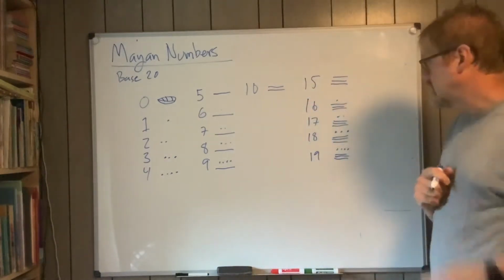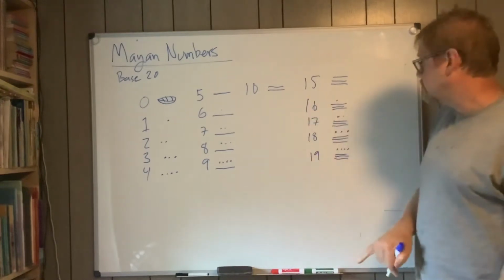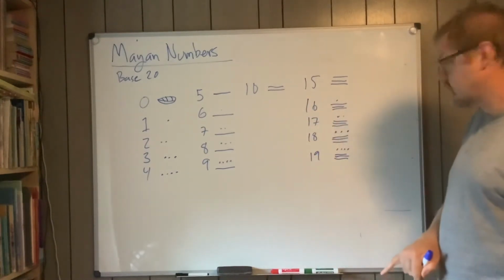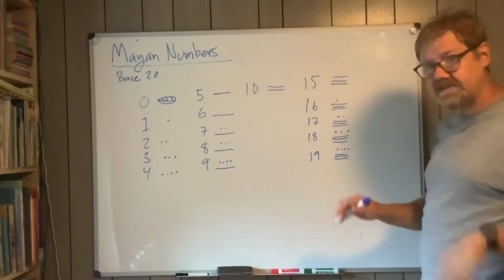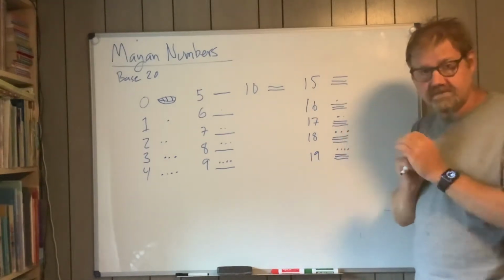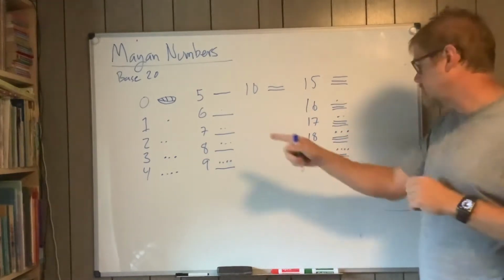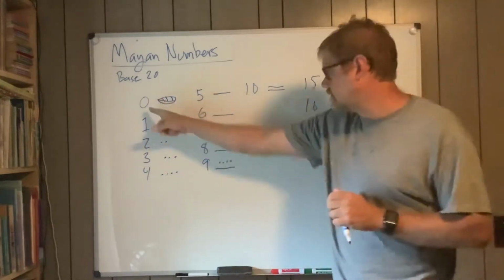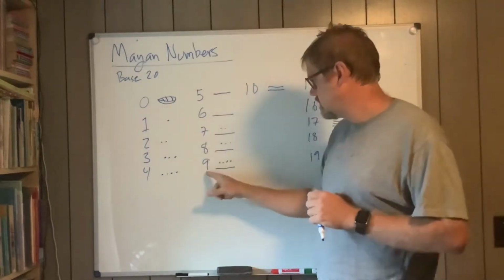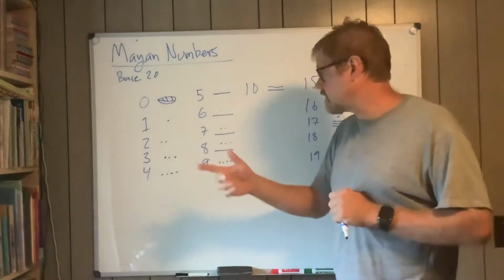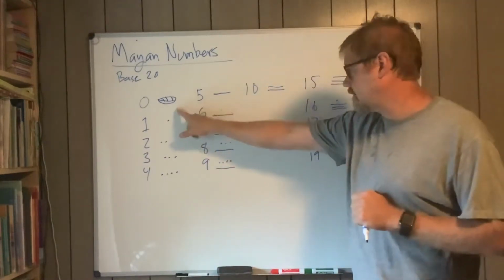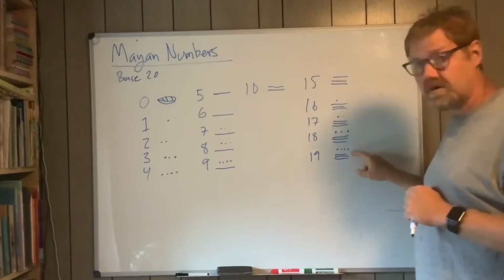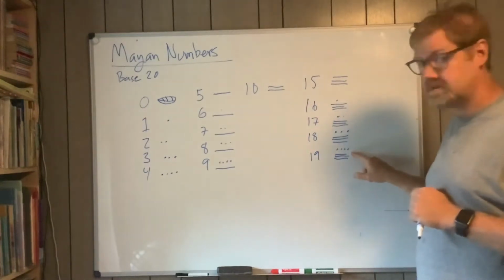And for 10, you can do the same thing with all of those. So these are the digits of the number system, 0 to 19. Our digits are 0 through 9, and then we do something with them. Their digits are a clamshell to 3 bars and 4 dots.